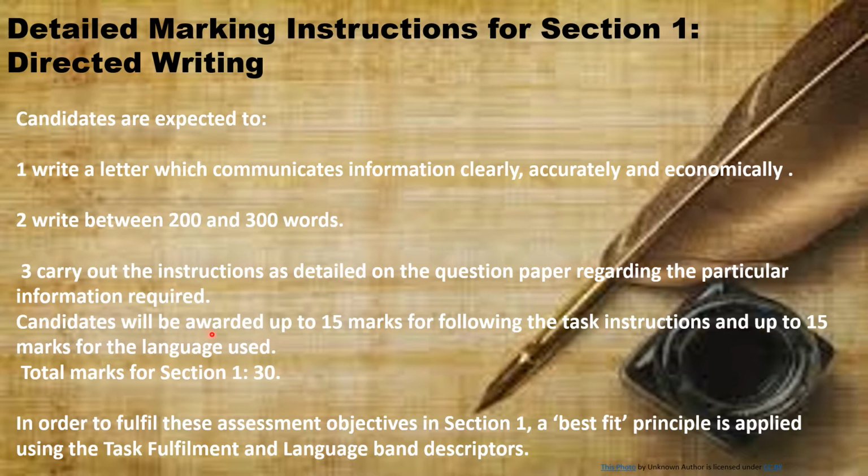Candidates will be awarded up to 15 marks for following the task instruction and 15 marks for the language. The total marks for this part, section 1, directed writing, are 30 marks, divided into 15 marks for your language and 15 marks for your task fulfillment, that is, how well you adopted the situation and came up with something excellent.